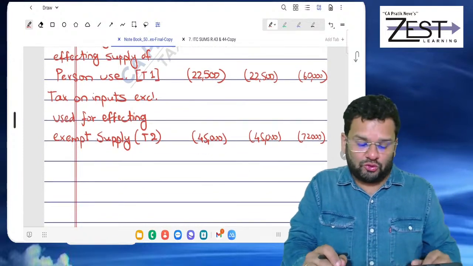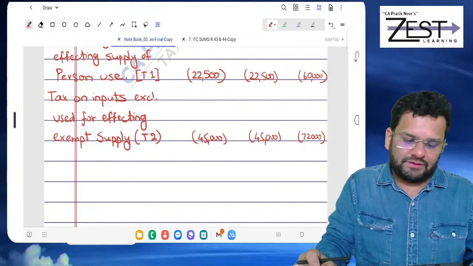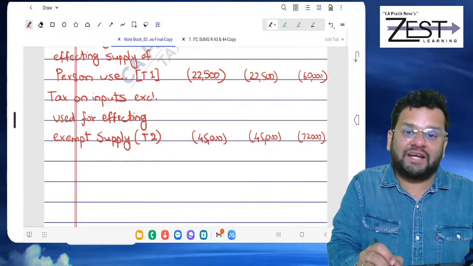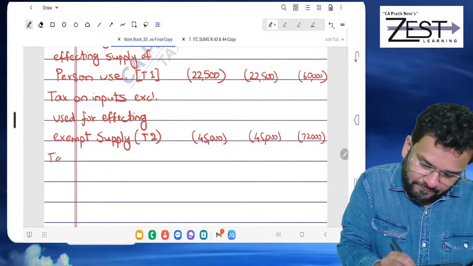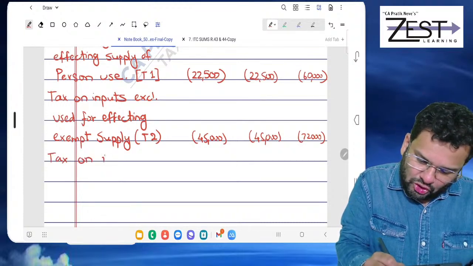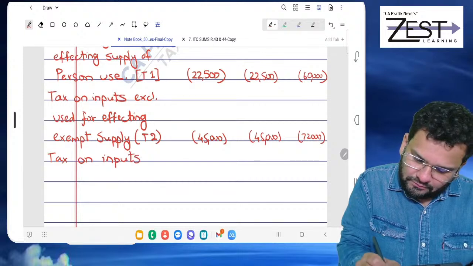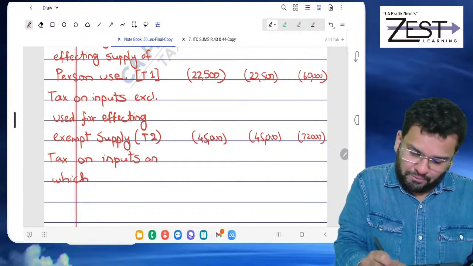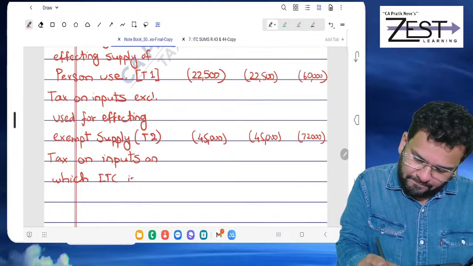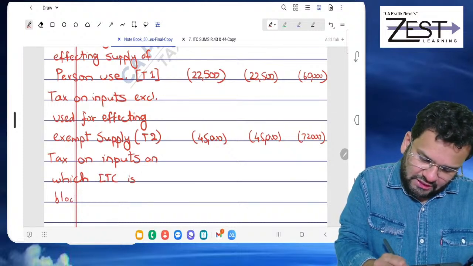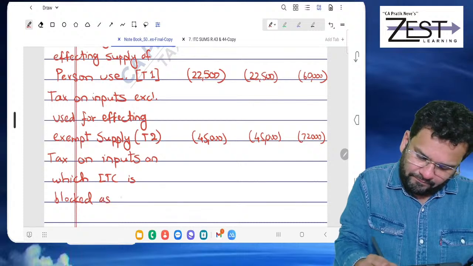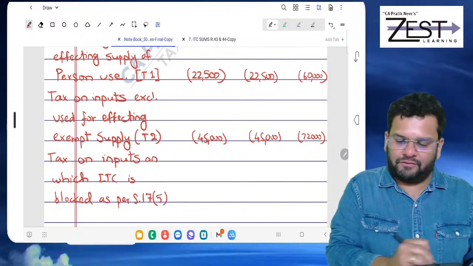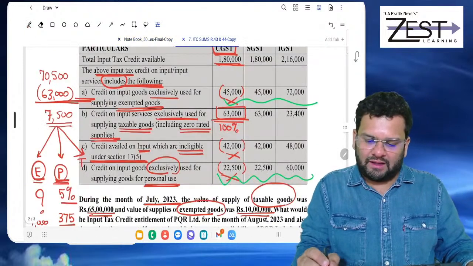Now my dear friends, what are you going to take next? One is tax on inputs on which ITC is blocked as per section 17(5). So what is that in my example?